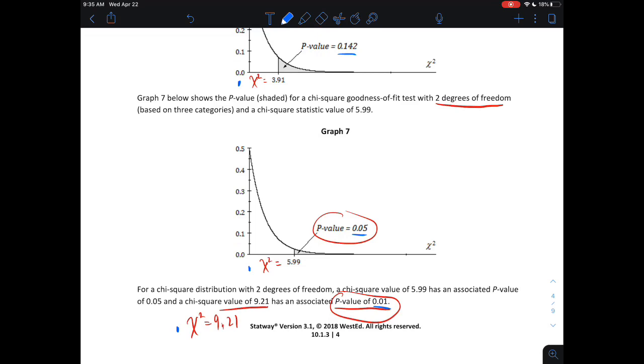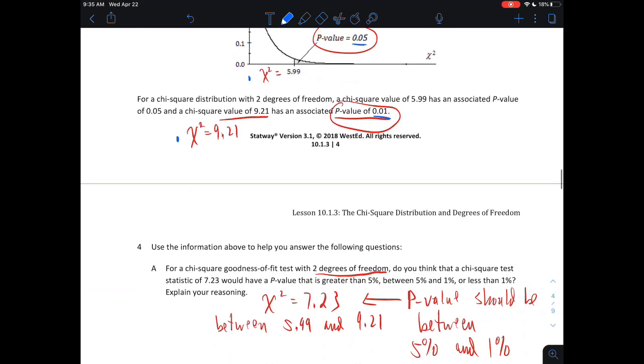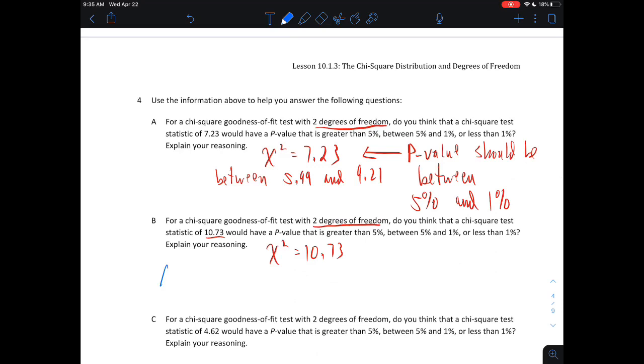So as the chi-square values increase, the p-values decrease. Again, this is not a new concept. We actually saw this in the previous lesson, 10.1.2. So as chi-square values increase, p-values decrease.